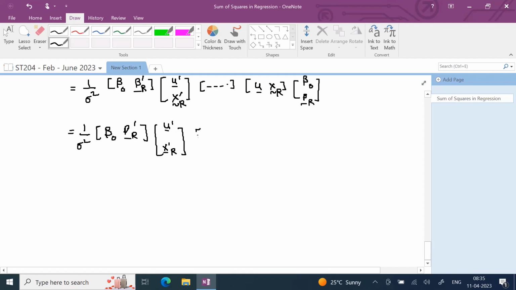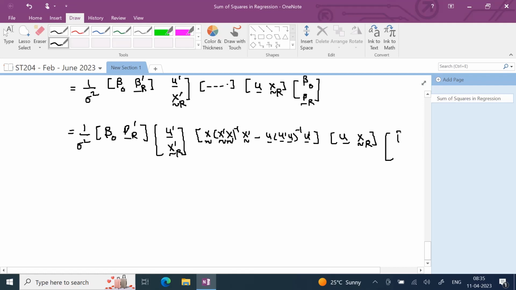This matrix is X, X prime X inverse, X prime, minus U prime U inverse U prime, and then U X r stays, and beta naught beta r stays.